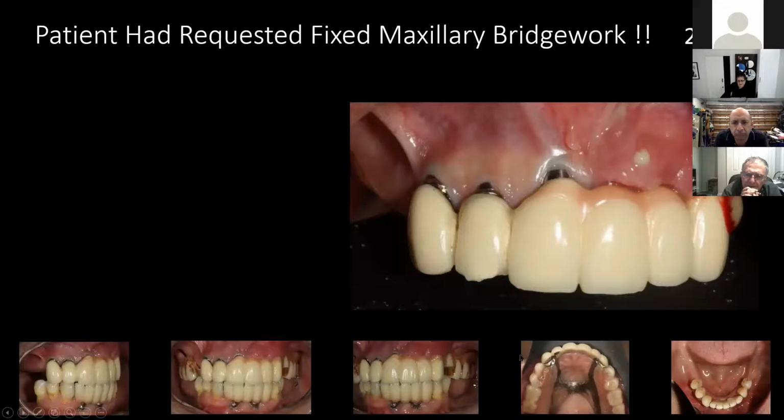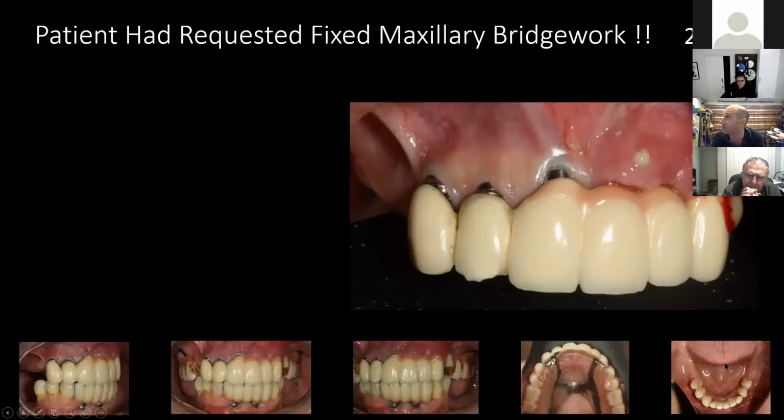Normally implants are placed incorrectly, and the prosthetic design is incorrectly based on the implants. All she wanted was fixed bridgework. I can assure you there's bone posteriorly, yet for some reason the implants were placed between the canines. We have an anterior 6-unit bridge on 4 implants, but there are 5 implants between 1, 3 and 2, 3.